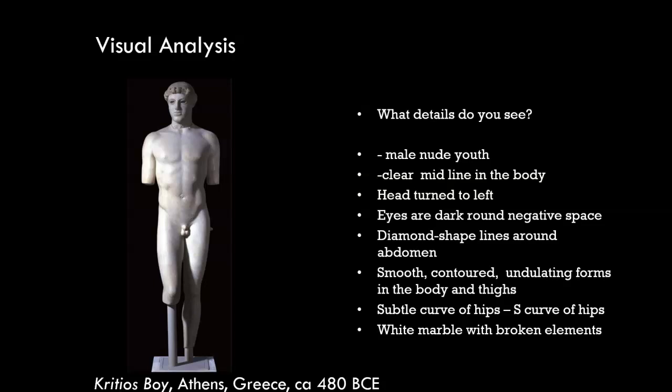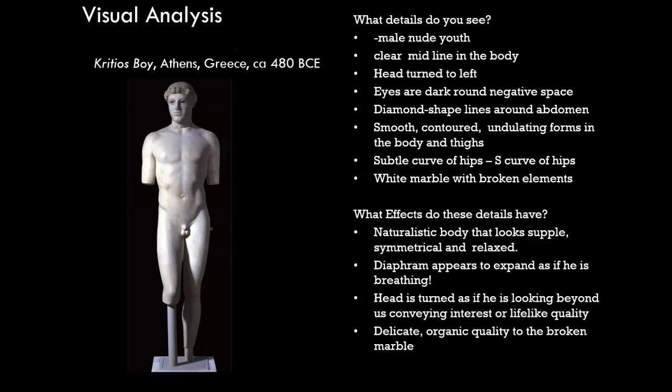Now the next step, once I've made my observation and listed the details that I see, is to relate the effects that these details have. There you see the details that I've observed, and now here are the effects these details have. The naturalistic body looks supple, symmetrical, and relaxed.